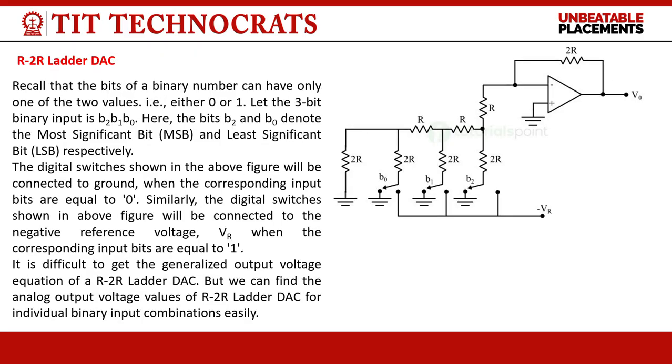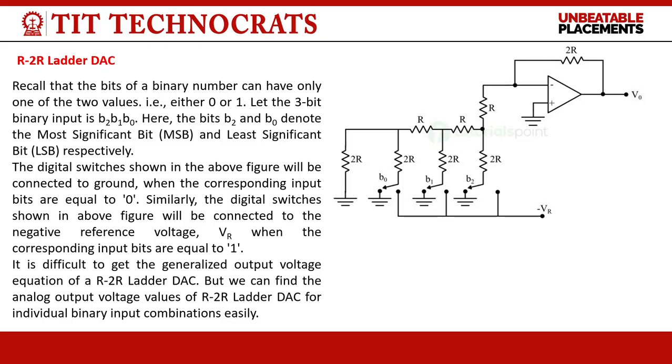Now, R2R ladder. We can recall that the bits of a binary number can have only one of two values, that is 0 or 1, and let the 3-bit binary input be B2 B1 B0. Here the bits B2 and B0 denote the most significant bit, that is MSB, and the least significant bit, that is LSB, respectively. The digital switches shown in the figure will be connected to ground when the corresponding input bits are equal to 0.